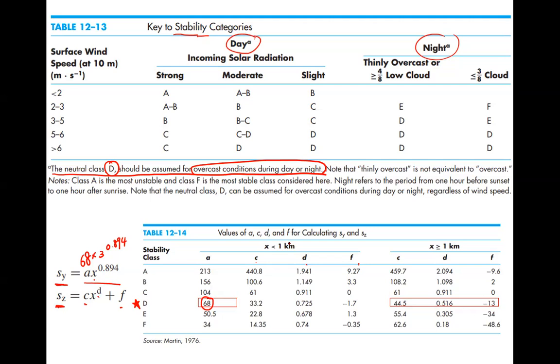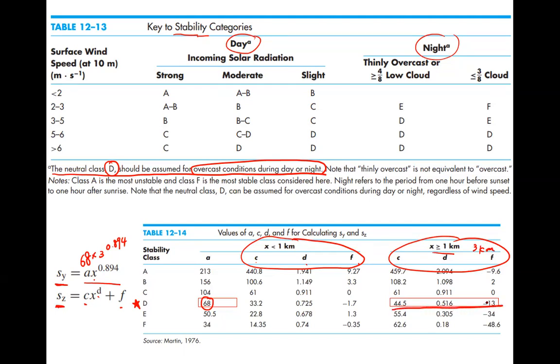And then pay attention that for x smaller than 1 kilometer and x larger than 1 kilometer, you have different sets of c, d, f. So we should look at the c, d, and f values in this region because we were talking about 3 kilometers, right?